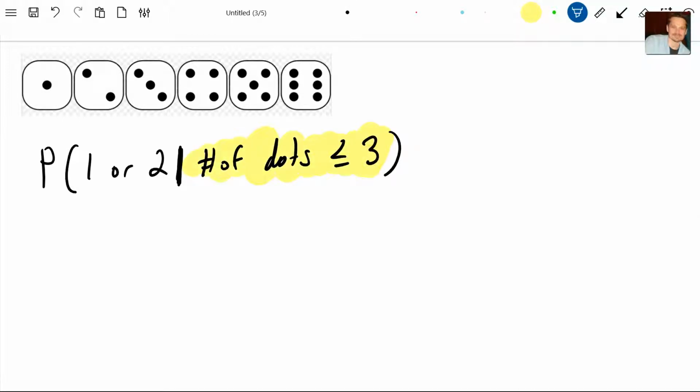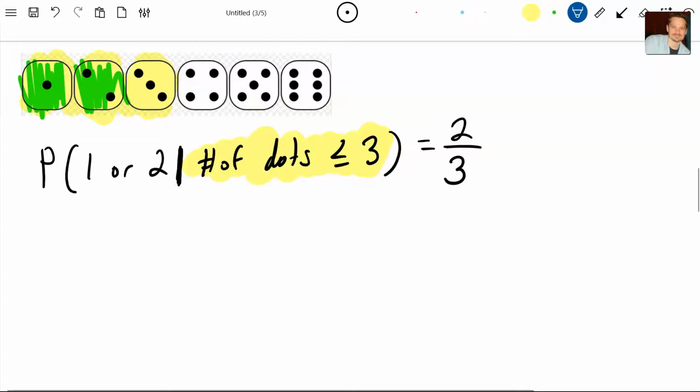So number of dots less than or equal to 3 means it's the first one, the second one, and the third one only. Then after that, it says we want a 1 or a 2. That would correspond to this one or to the 2. So as you can see, just by counting, that would be 2 out of 3. So there are 3 with number of dots less than or equal to 3, and then only 2 of those have a 1 or a 2, so 2/3.